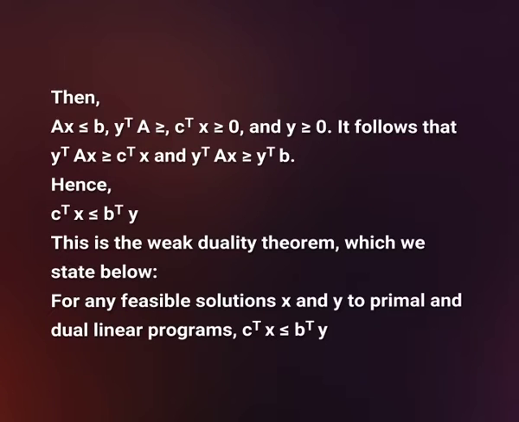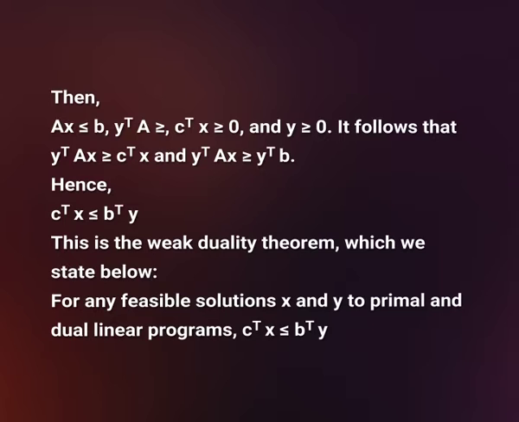Theorem for weak duality: suppose that x is a feasible solution of the primal and y is a feasible solution of the dual. Then Ax ≤ b, y^T A ≥ c^T, x ≥ 0 and y ≥ 0.